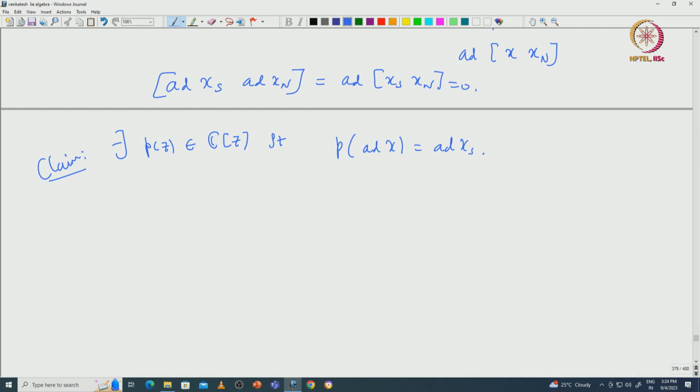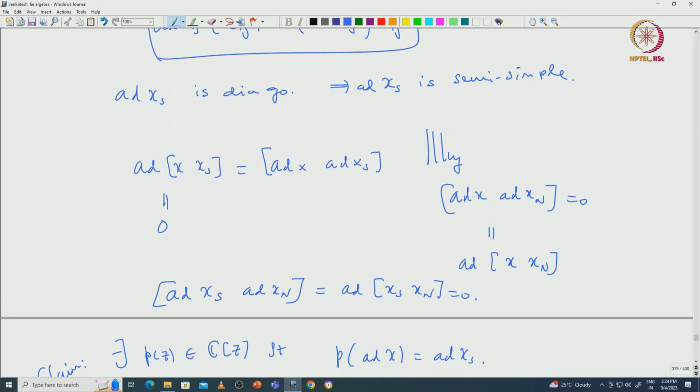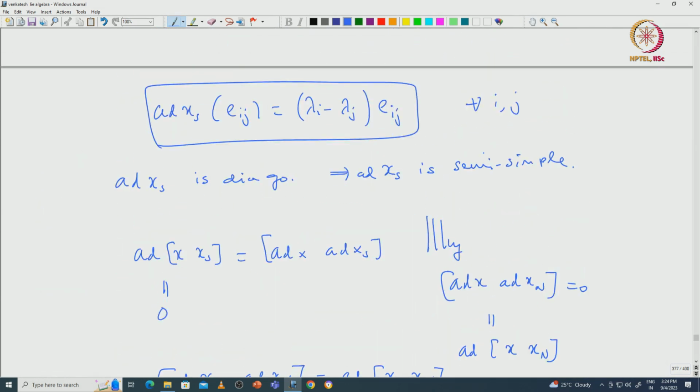Again, one can prove this using ideas similar to those we established before. To prove this, we need to actually invoke the primary decomposition theorem. We can easily see how this ad x_s is acting on the E_ij, which is the basis.